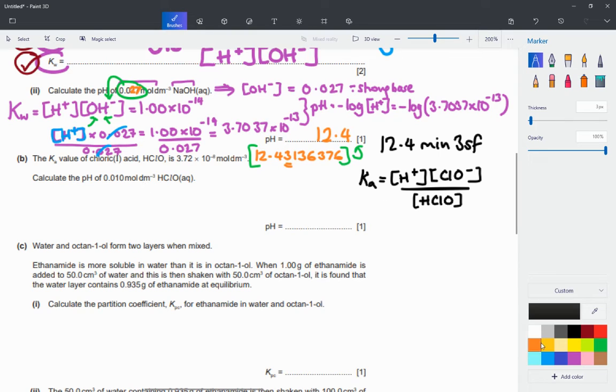So let's have a look now as to what information we have and whether we can actually simplify this expression.